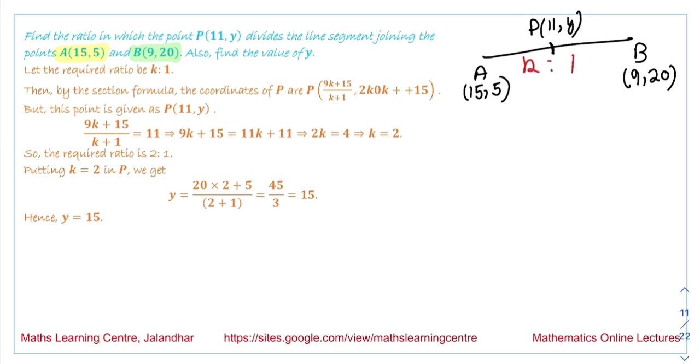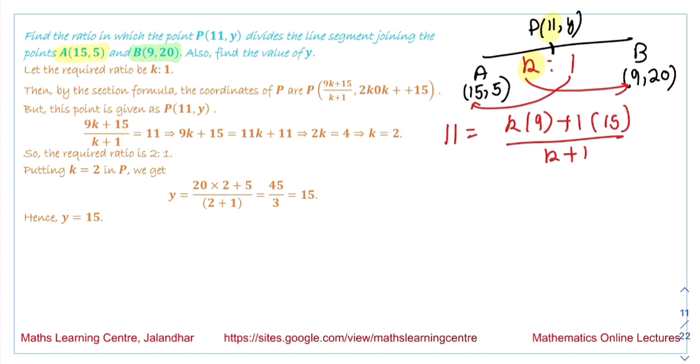Now we have the x coordinate, it is 11. So we write 11 is equal to k into 9 plus 1 into 15 over k plus 1.